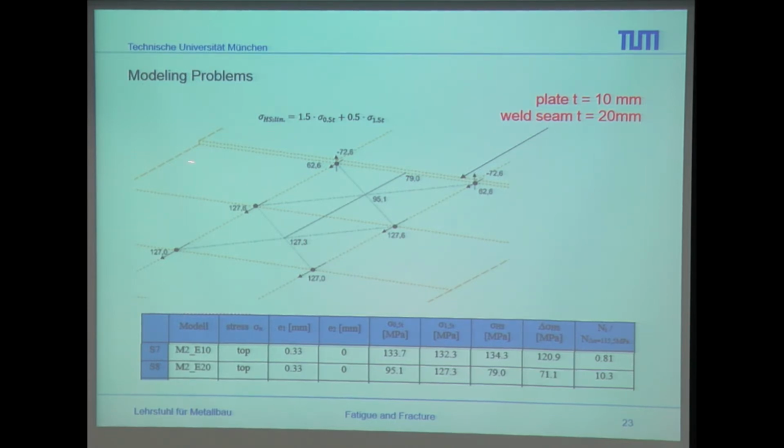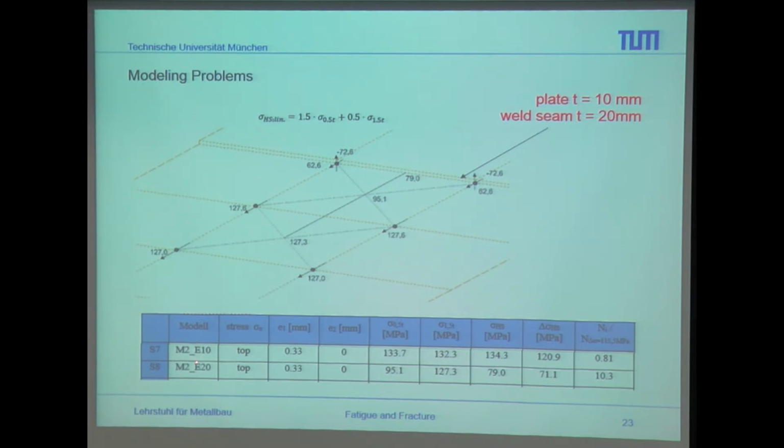And the interesting part was if we switched the thickness of our shell model. At the first step, we had for this shell model an element thickness of 10, which is the same as the two plates. So we got results which fit the estimated stresses we wanted to have. And so we got a damage factor of 0.81.